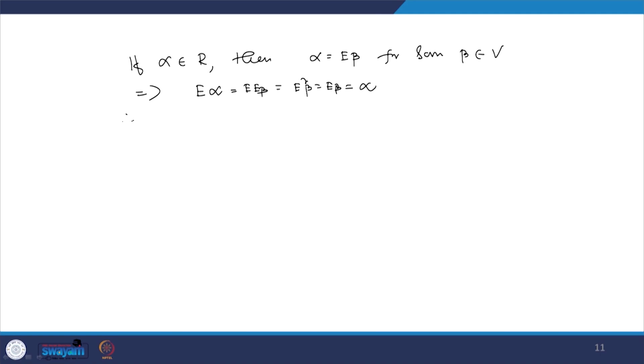So if alpha belongs to R, then E alpha equal to alpha. Also, alpha equal to E alpha implies alpha belongs to the range of E.